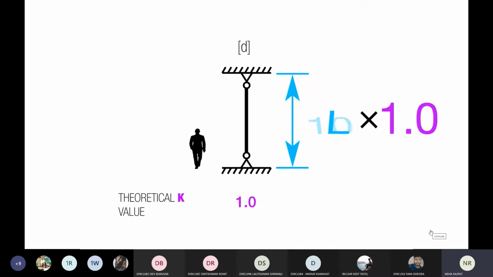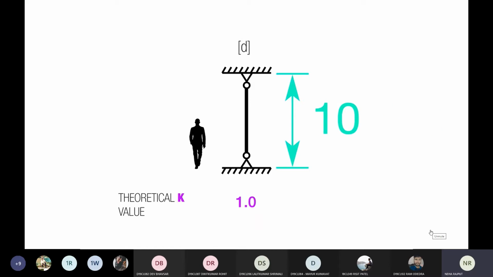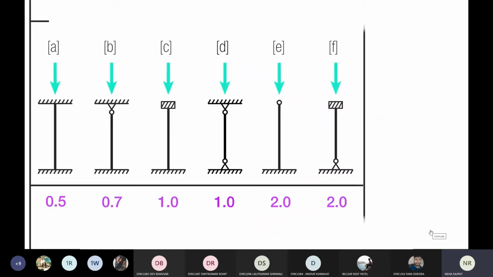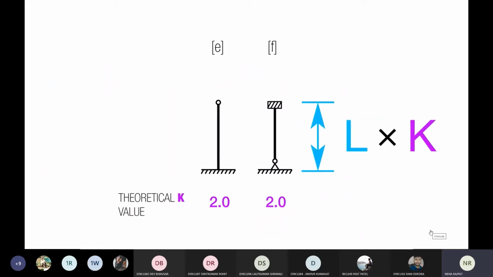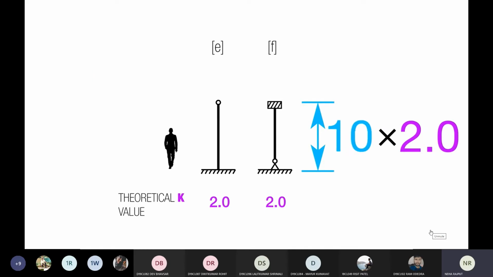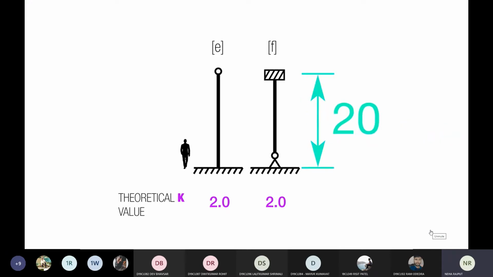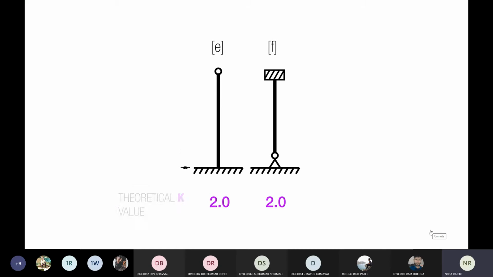And that's our 1. So if we have a 10-foot column, it's going to behave like a 10-foot column. But look at these two here. These two have a theoretical K value of 2, which means if we have one of these, a 10-foot column is going to behave like a 20-foot column. So we're going to multiply it by 2.